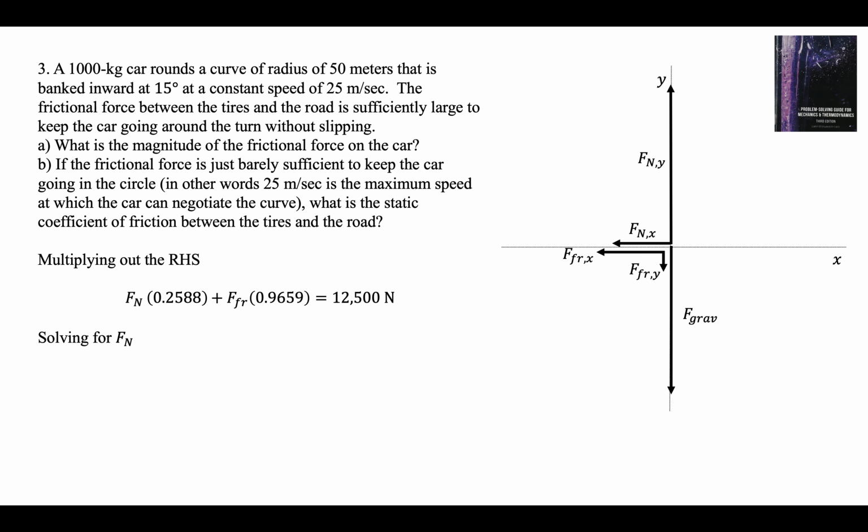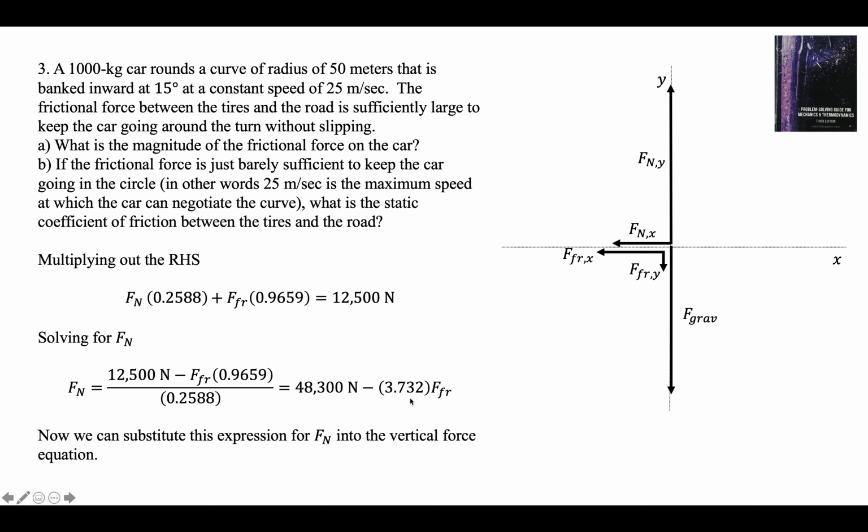So now we have two equations, two unknowns, Fn and Fr, and we have two equations. The equations come from the horizontal and the vertical, so we'll solve for Fn here. Subtract Fr times 0.9659 from both sides, divide by 0.2588, and we get this expression. That's what Fn is, and we can substitute this expression into the vertical force equation.